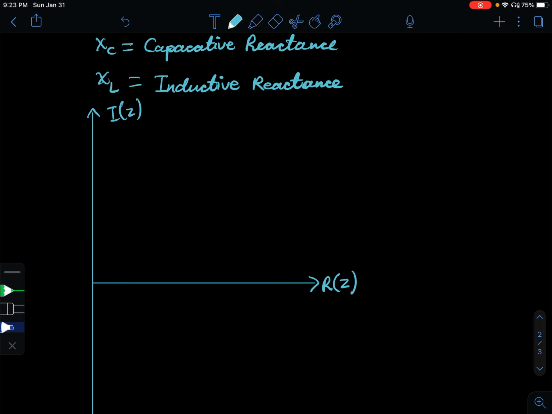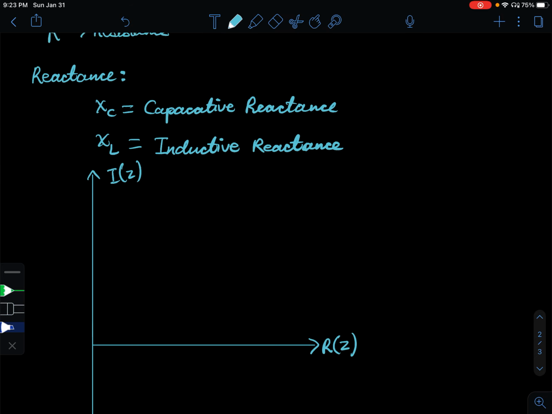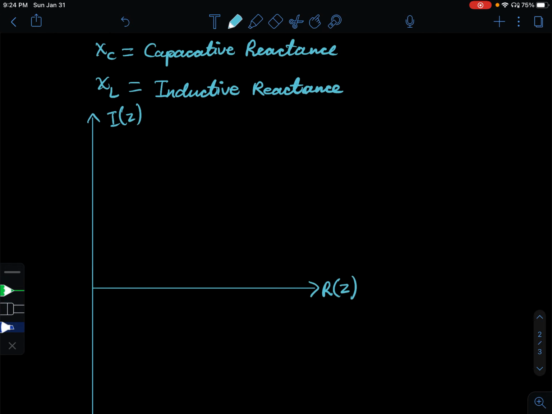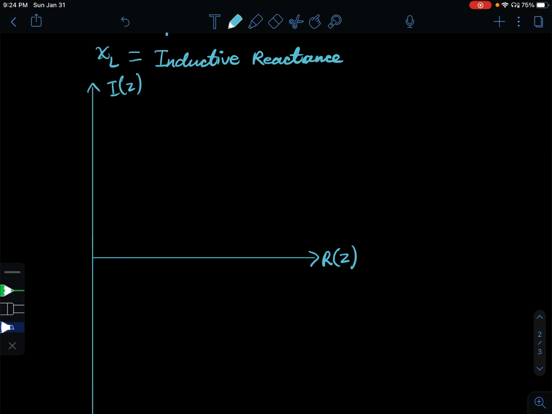All right. Now, we're going to solve for Z, which is the impedance. This is what we're going to be solving for in this circuit. Everything we do to solve for this is going to be happening in this graph here.